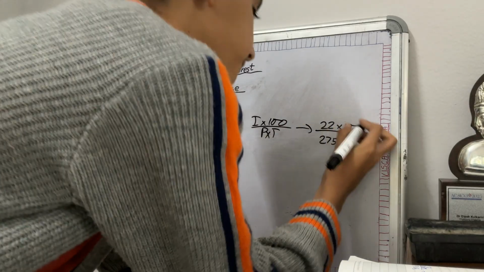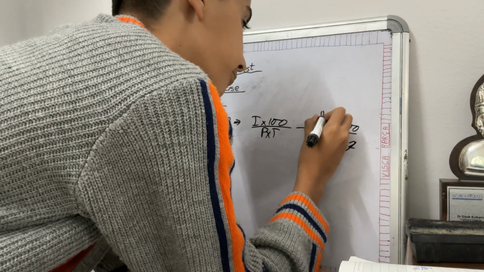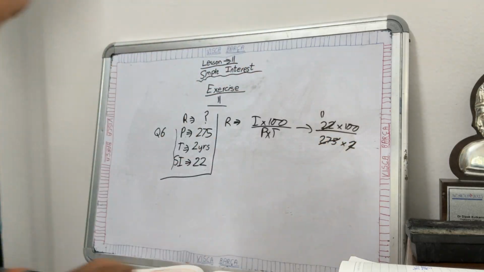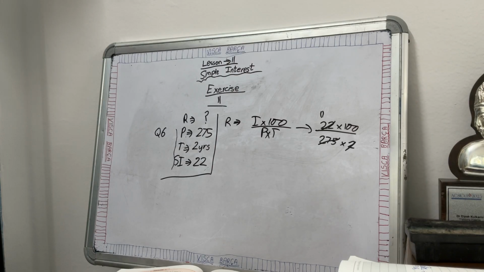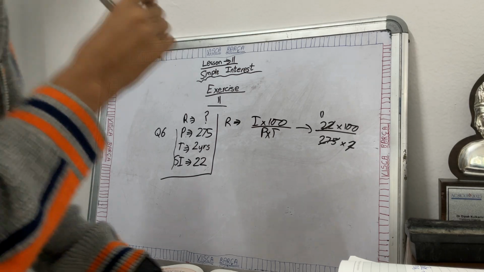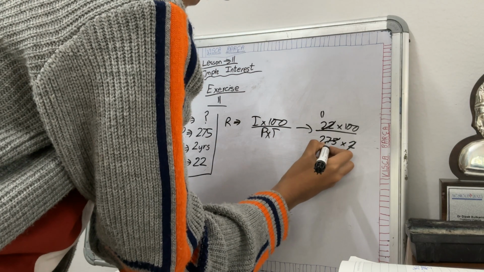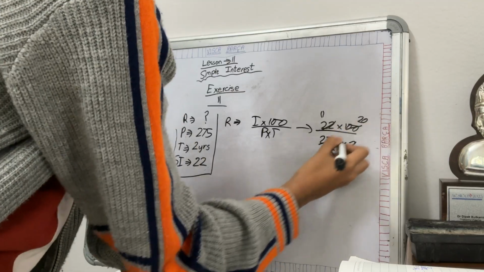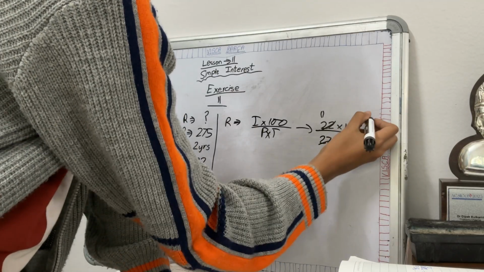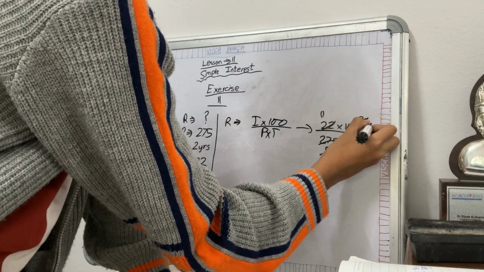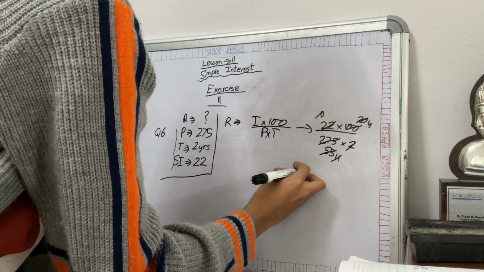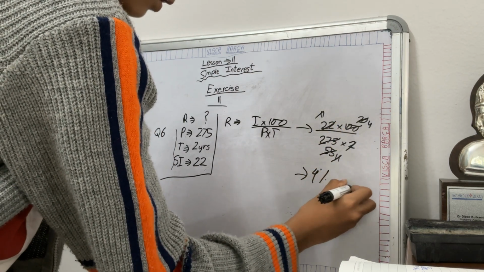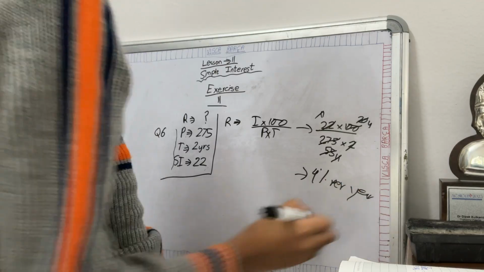So this will go by 11, this will be 55, this will be 20, this will be 11, this will be 4, 11 goes by 11. So what's the rate? 4% per year. This is our rate.